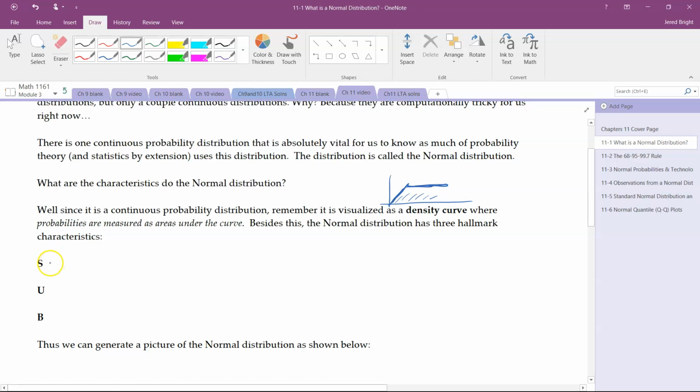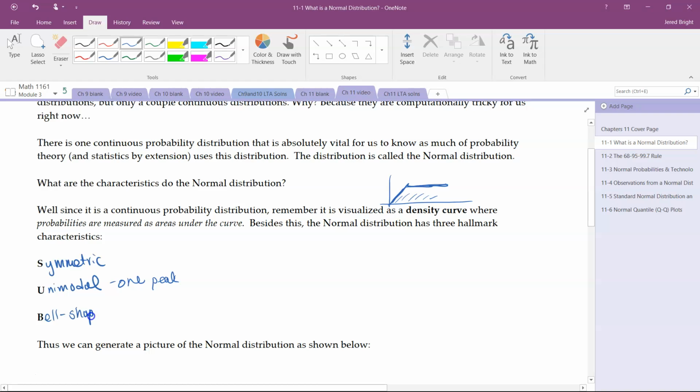First of all, it is symmetric, which means you can fold it in half and it will mirror on top of itself. It is also unimodal, meaning one mode, one peak. And the last and most famous characteristic is that when we look at it, it looks like a bell.